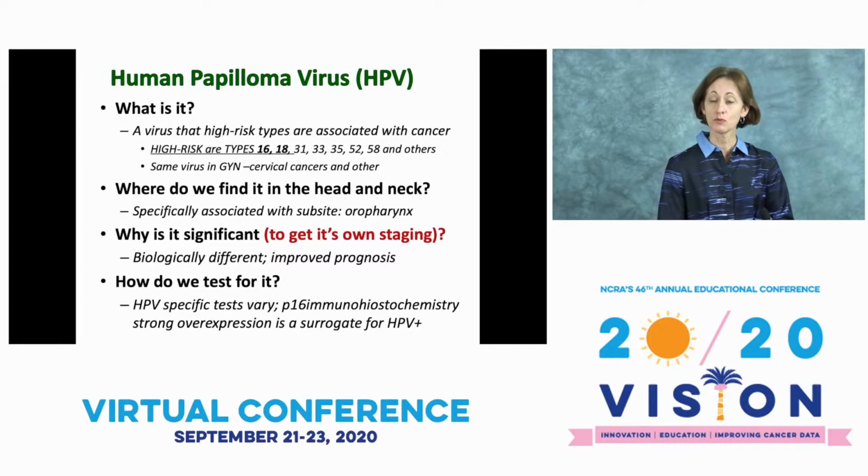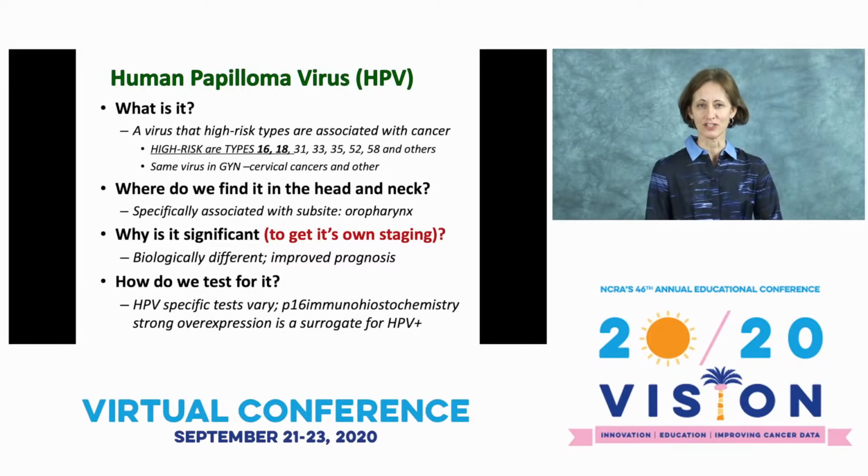The high-risk types we typically see are type 16, over 90%, and then some 18 and a little bit of those others that are shown. And so that is what we're talking about. It's a virus that's spread, and hopefully the vaccine truly will reduce the risk of subsequent cancers.